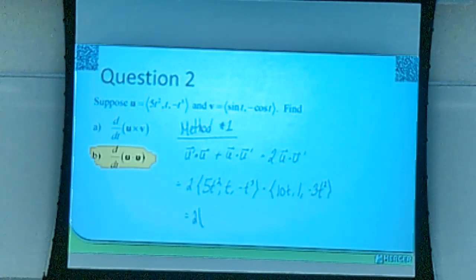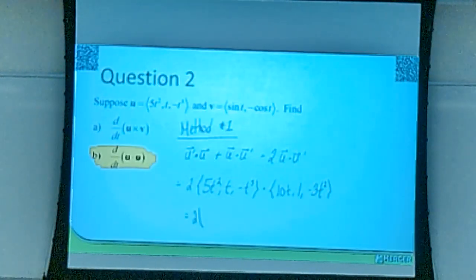How do you take a dot product? First term times the first term, and the second times the third term. What do you do with them? So what is that dot product?